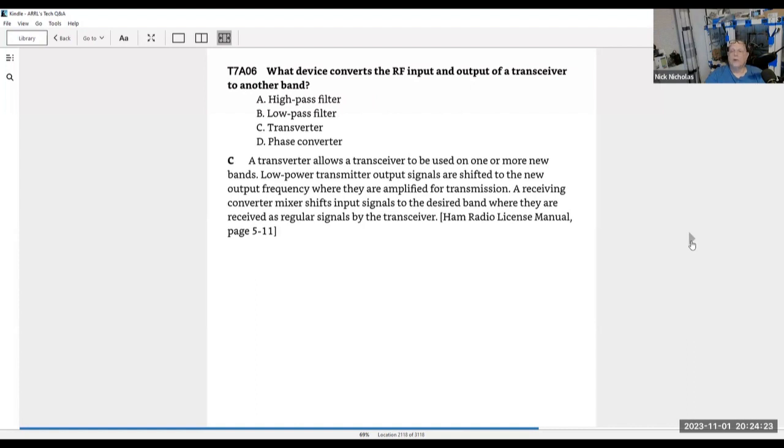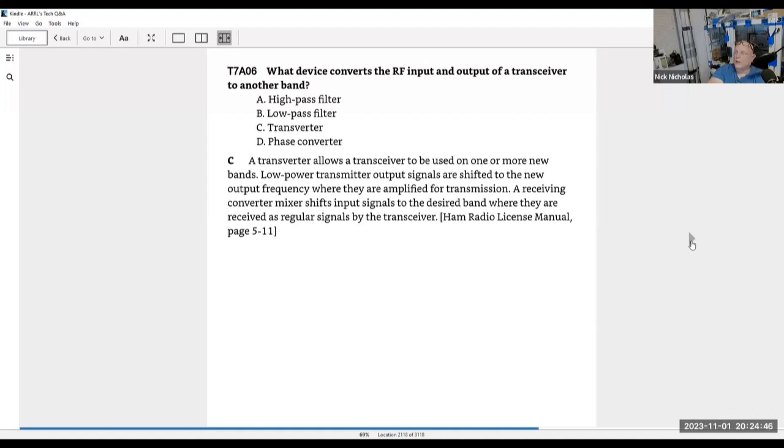What device converts RF input and output of a transceiver to another band? I don't know if I covered it in the class, but I'll tell you, we have devices we call transverters. They're designed so that, let's say you have a 10-meter radio and you want to be able to operate on 2 meters.